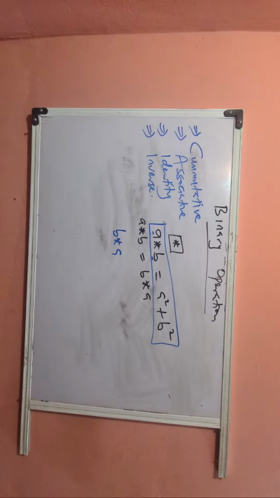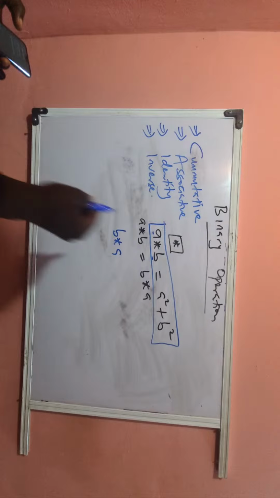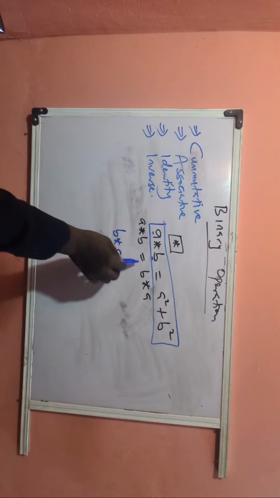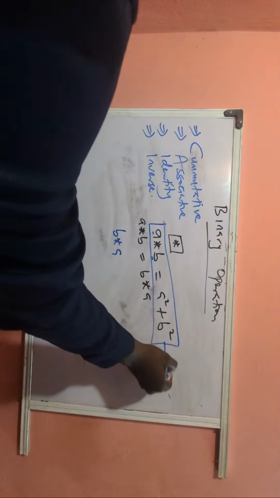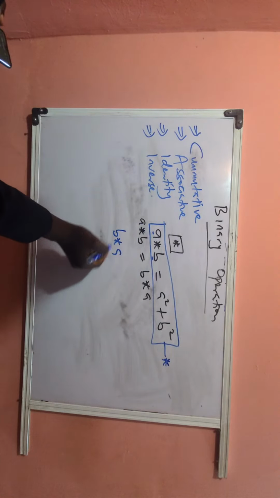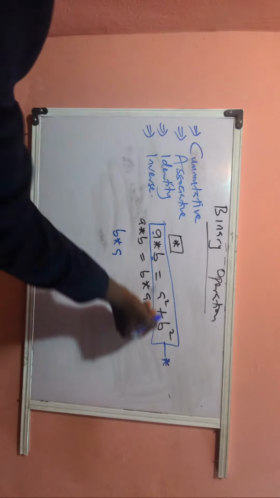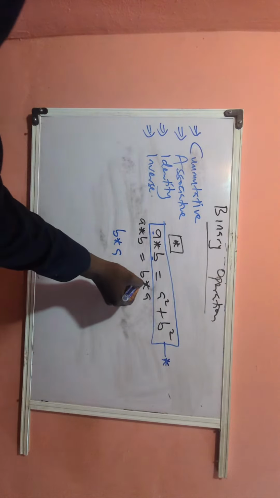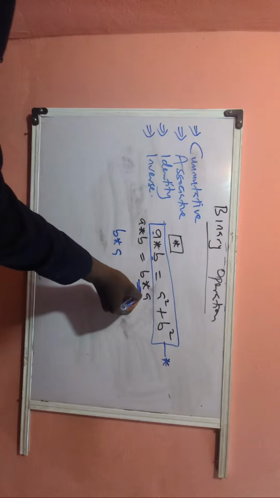So the whole idea is, to investigate if this is commutative or not, what you have to do is try and find b star a. You already have a star b given as this. So let's find b star a. How do you find b star a?